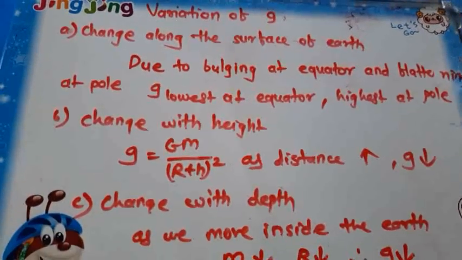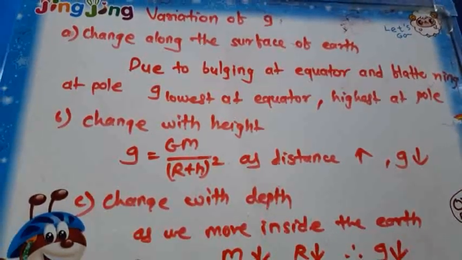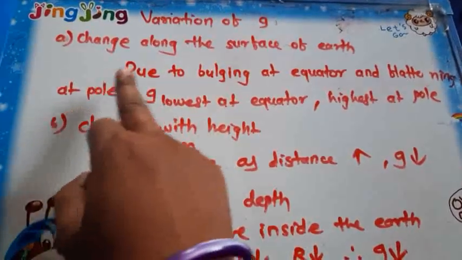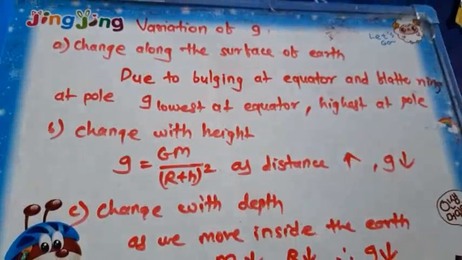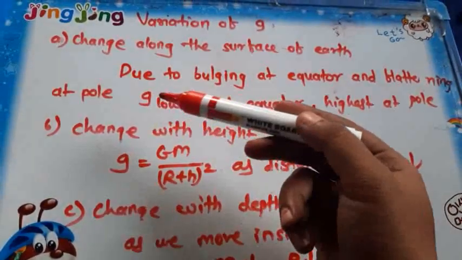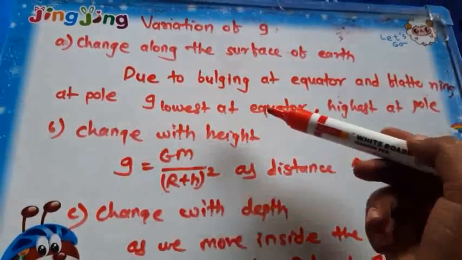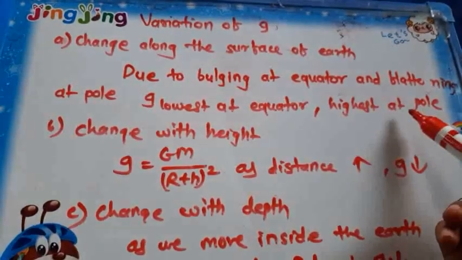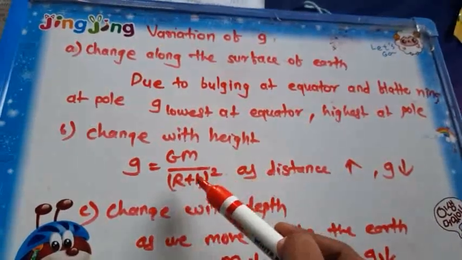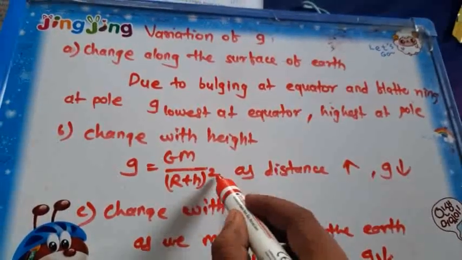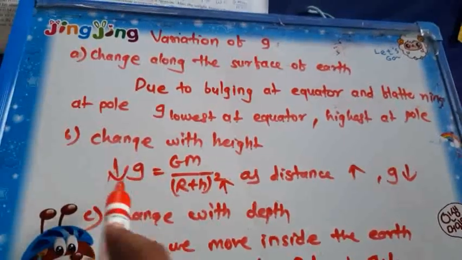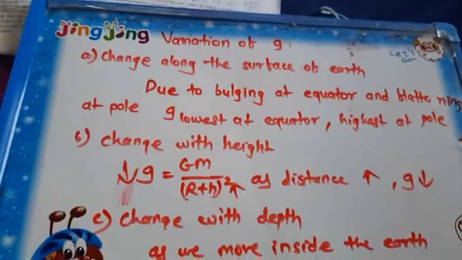So let's summarize what we have learnt about the variation of acceleration due to gravity. First, change along the surface of the earth. Due to bulging at the equator and flattening at the poles, the value of g is lowest at the equator and highest at the poles. Second is change with height. As the height increases, the value of acceleration due to gravity decreases, because they are in inverse relation.